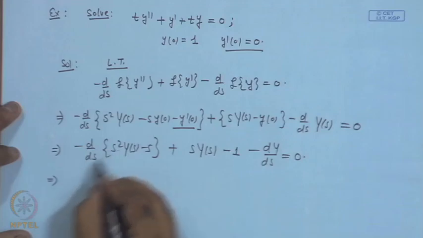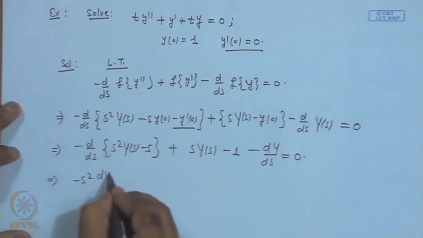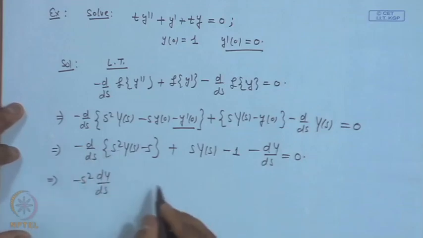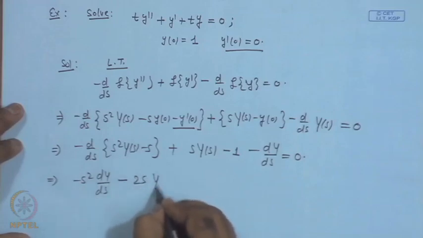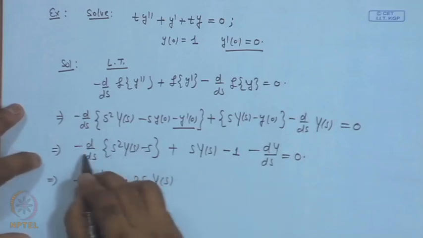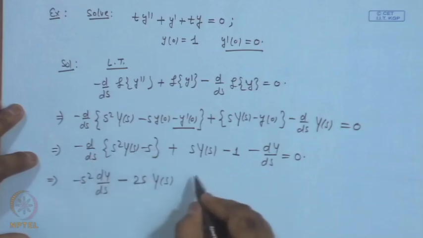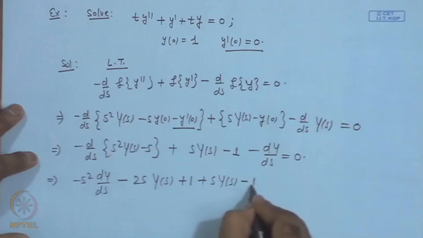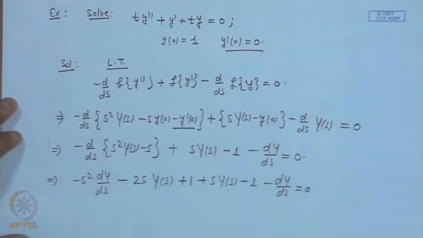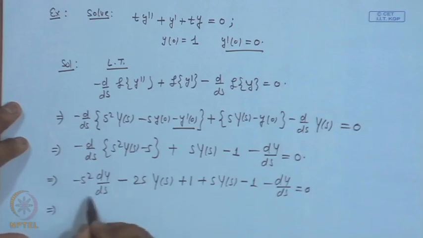So, we simplify this. Minus s square dY over ds minus 2s Y(s), and here we will get d over ds of s times 1. So, minus minus plus, plus 1 plus s Y(s) minus 1 minus dY over ds is equal to 0. So, we collect the terms of dY over ds.